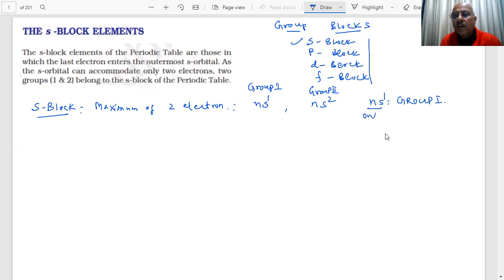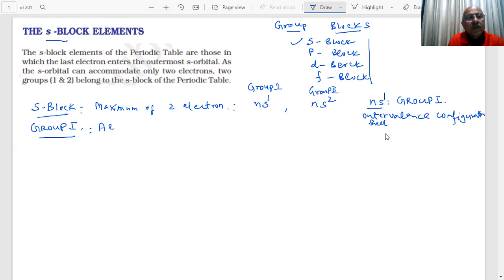This is my outer valence shell configuration, okay, right? So students, what I am going to discuss in this S block is group 1, which is known as alkali metals. What are they called? Alkali metals. And first of all, we should know, as I said, the last electron is entering into the outermost s orbital.